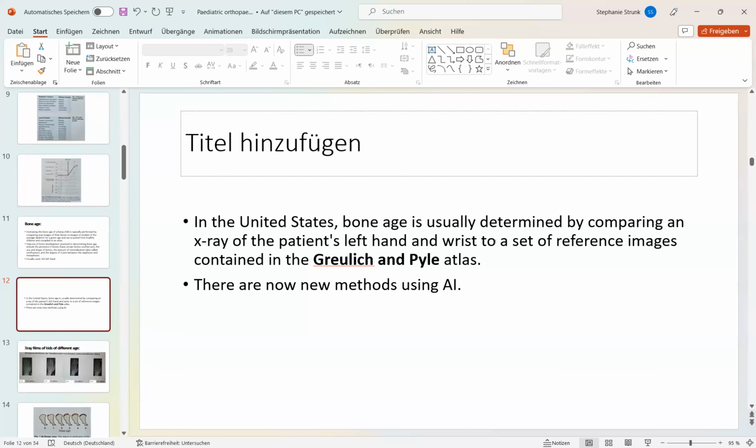So it does not include samples of people of color or the Asian community. So it's helpful for white people, but we don't really know how we can compare them to people of color. There are new methods, including using AI, artificial intelligence. So when you do pediatric orthopedics in 5 years' time, you will probably be using artificial intelligence.